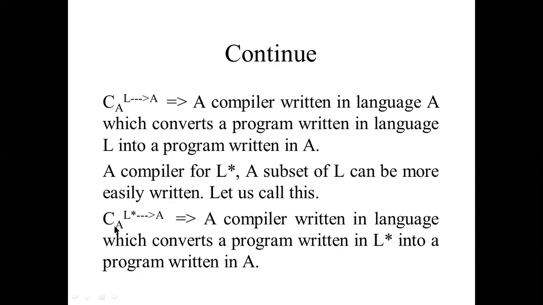Now in the suffix A, the language of this compiler is A. It is converting the high level language, that is L star, into the low level language A. So we can say this is a compiler written in language A which converts a program written in L star into a program written in A. So this is the compiler's own language, and the conversion is going from L star to A. This is the nomenclature to write the compiler and how it is going to convert.